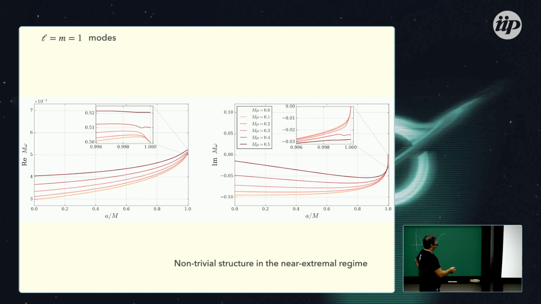As you increase the value of the mass of the field, something funny happens. You see that there is some structure near the extremal case. If you zoom in, you see there are some transitions. For small enough mass, the modes are zero damped, but if the mass is large enough, they become damped at the extremal case.